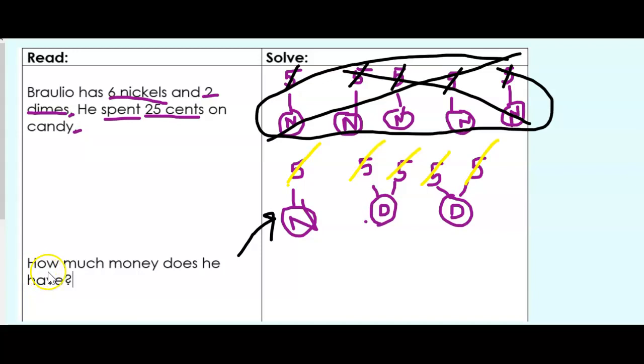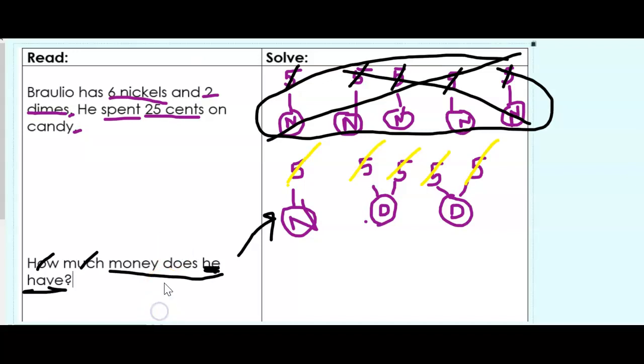So let's flip our question into an answer. The question asks us, how much money does he have? So let's cross off the first 2 question words, how much. And what we have left is, money does he have? So let's start off with he has blank money.